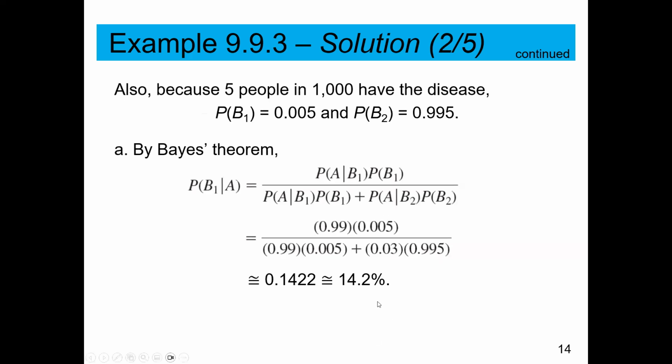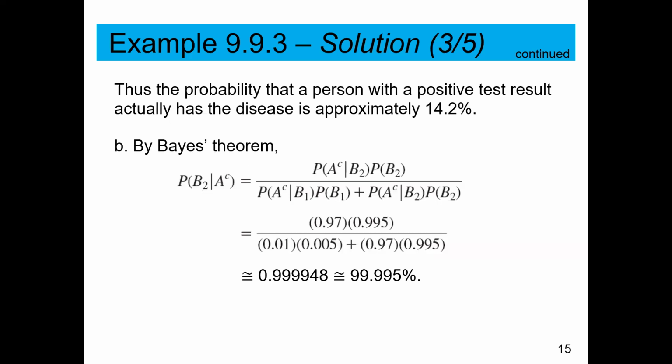But coming back here, if I test positive, the probability that a person with a positive test actually has the disease is only 14.2%. That means there's a lot of chance that they could test positive and not have the disease.